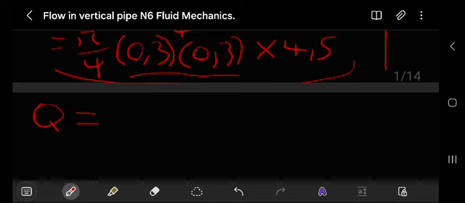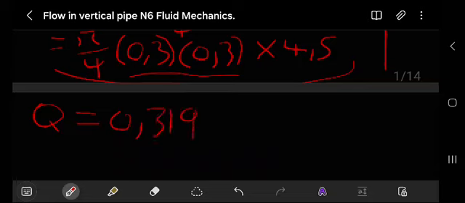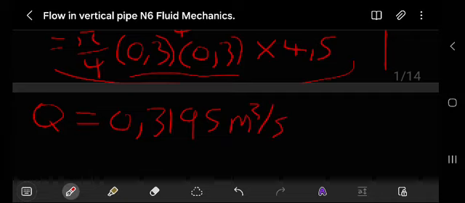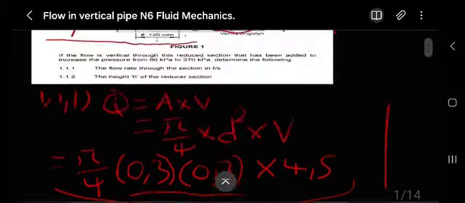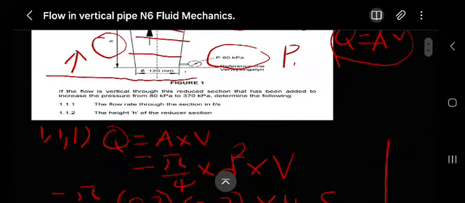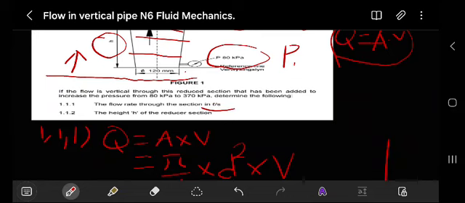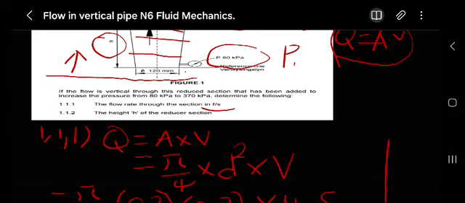So I will get the answer in cubic first, which is 0.3195 cubic meters per second. But now the question says they want this in liters per second, right?